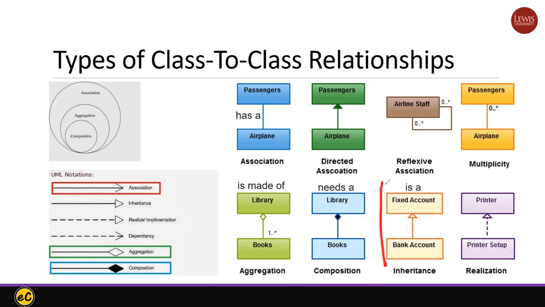So these are is-a relationships. I'm sorry, the last one is not an is-a relationship. This one is a use relationship. Printer setup uses the printer. So this one is also a has-a relationship. Okay, we just review the idea.